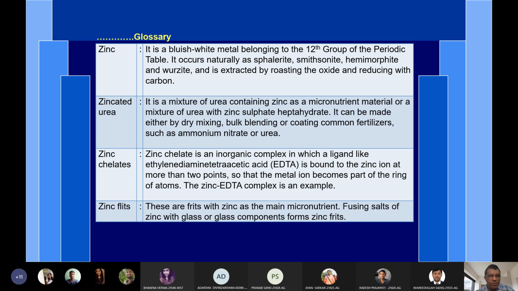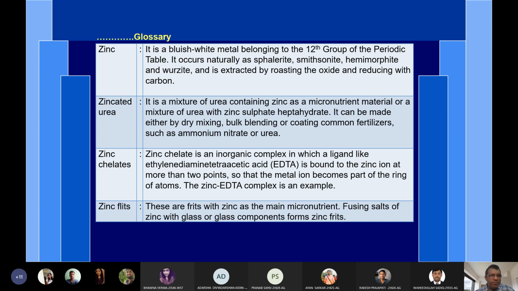The zinc EDTA complex is an example. So this is a source of zinc, EDTA, and used for foliar spray. Similarly, zinc frits are there. Frits with zinc as the main micronutrient. Fusing salts of zinc with glass or glass compounds forms zinc frits.